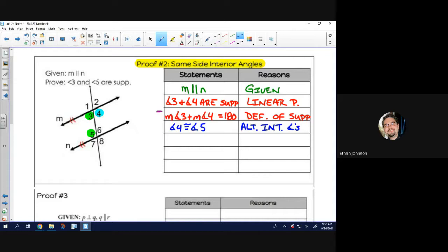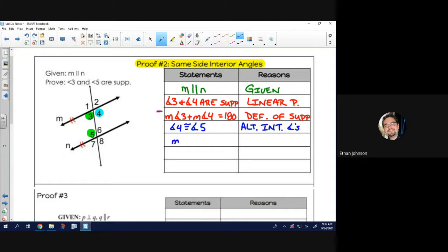Now, we don't have a vocab word, but if we look at where we left off on our first statement, we have an equal sign. And in this statement, we have a congruent sign. So we can't really do anything with those two, but we can always change a congruent sign to an equal.